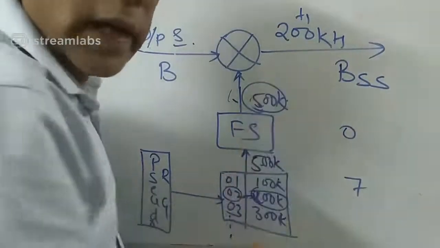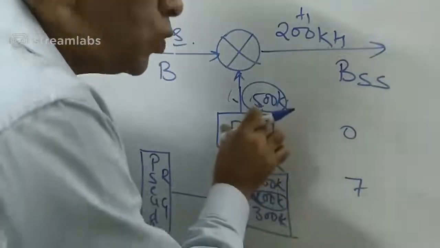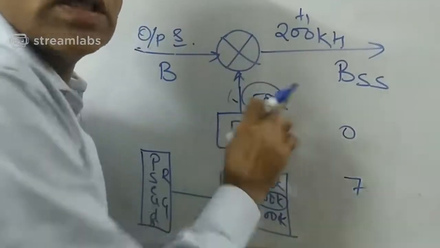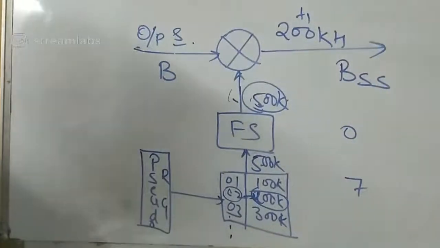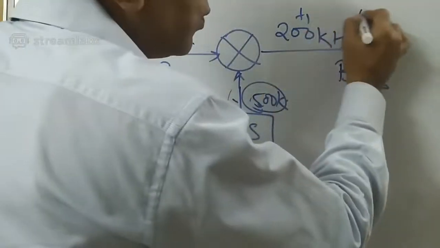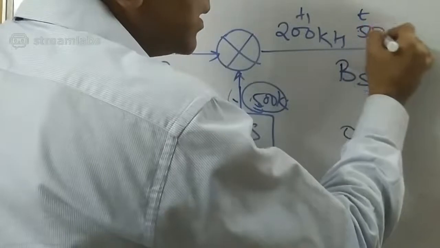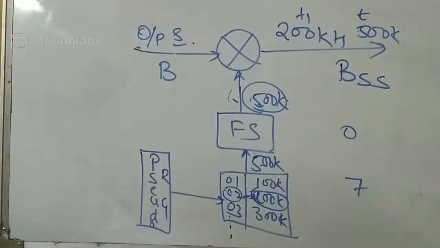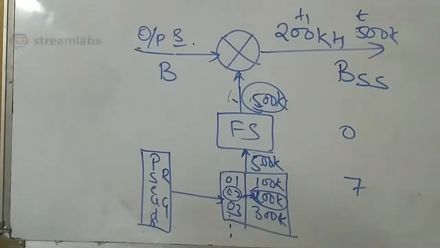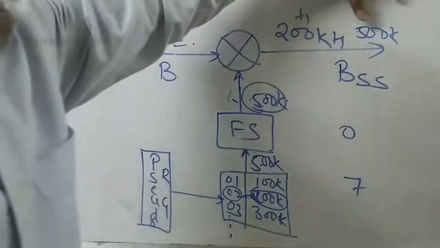That new number is 5, so it uses a 500 kilohertz carrier to generate the modulated signal. For the t2 duration, you are generating a signal whose carrier is 500 kilohertz. So naturally the output signal will be placed in this particular band.